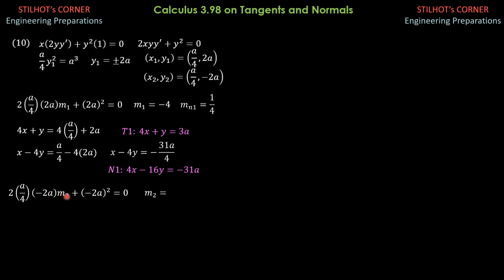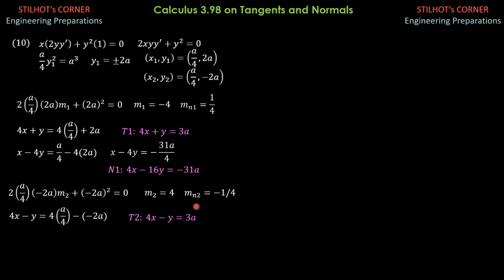The slope of the tangent line m2 is 4. Therefore, the slope of the corresponding normal line is negative 1/4. Then for the equation of the second tangent, 4x minus y equals 4 times a over 4 minus negative 2a. And this is 2a plus a, 3a. So 4x minus y equals 3a.